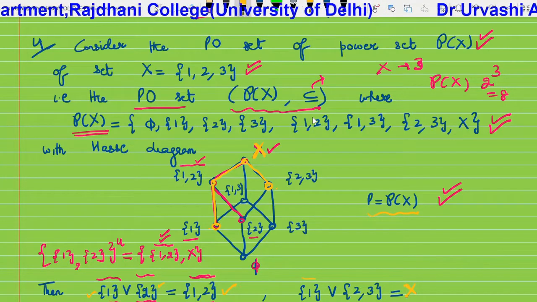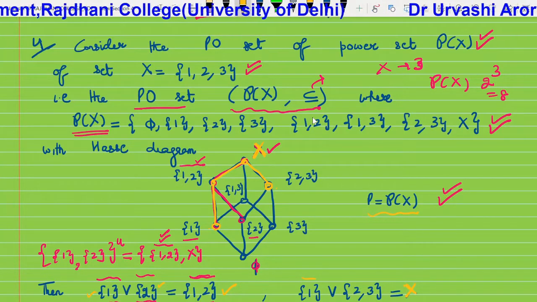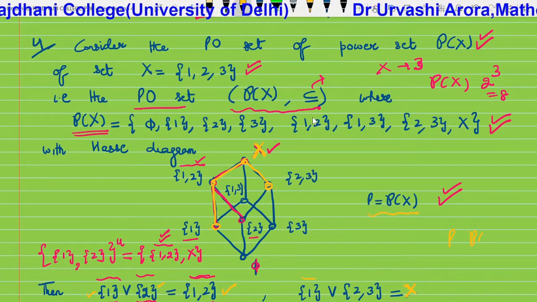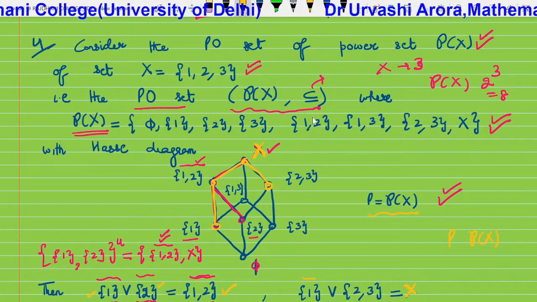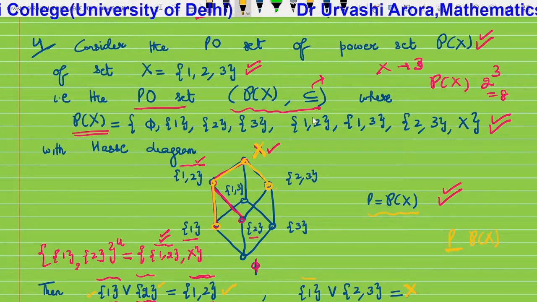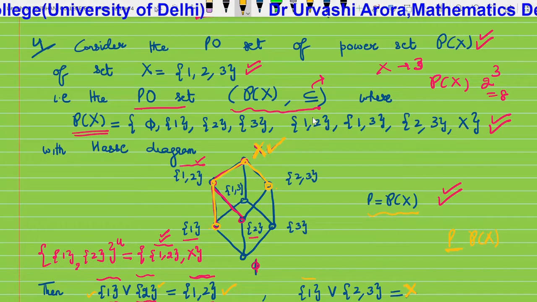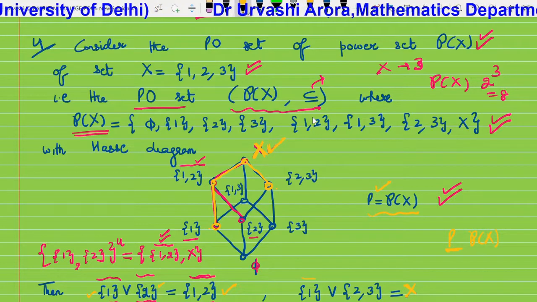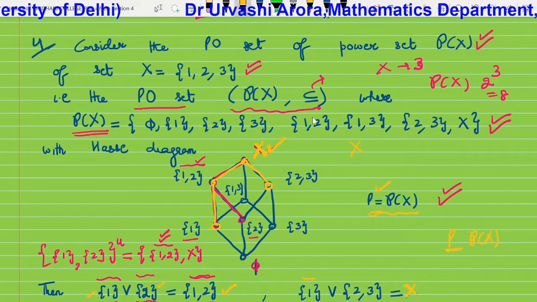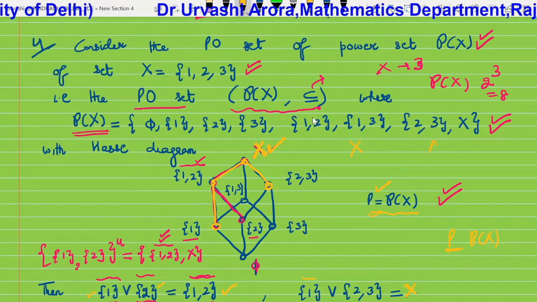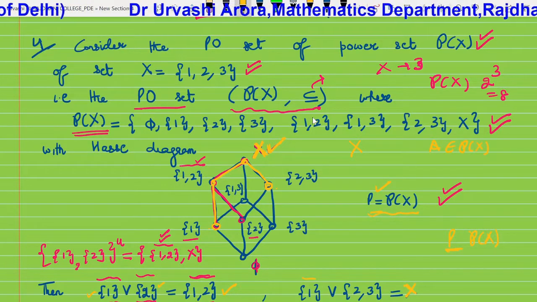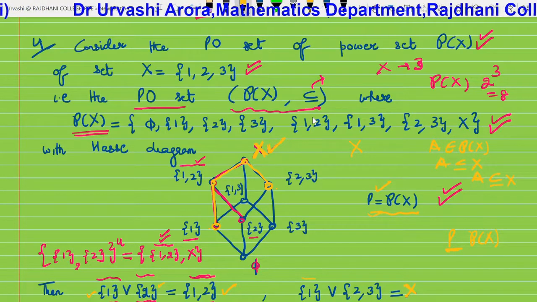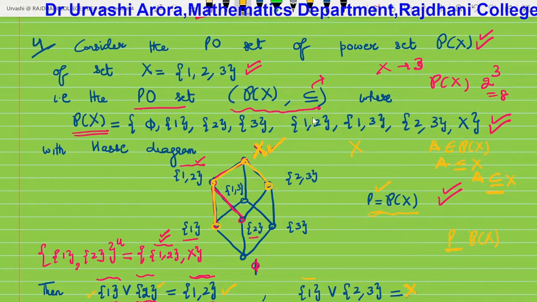Again, if we try to find the join of the whole set P, that is, that element of P, the power set of X, such that every element of P is lesser than it, this is capital X. Every element of the power set of X is lesser than the underlying set X. If you pick any A belonging to the power set of X, then A is less than or equal to X, which means A is contained in X, because the partial order relation in this case is the inclusion relation.